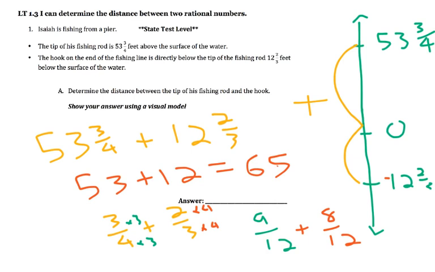And then you add 9/12 plus 8/12, and that will get you 17/12. 17/12 into a mixed number is 1 and 5/12. And then you're left with 1 and 5/12, but that's not the answer. You still have the 65, and then you add the 65 plus 1 and 5/12. And that will equal 66 and 5/12.